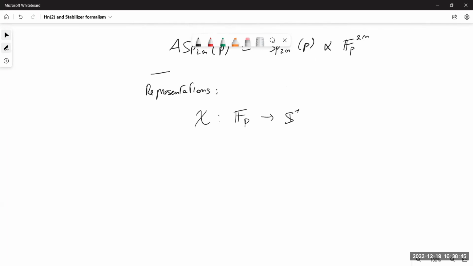This is a function mapping an element t in F_p to omega to the t, where omega is a root of unity. So it's just this.